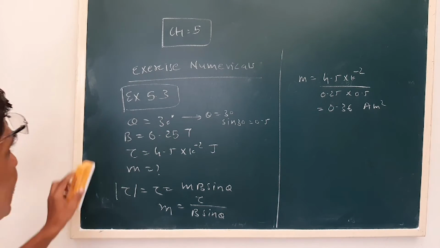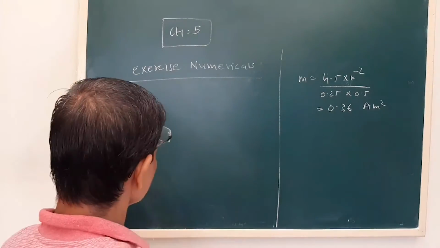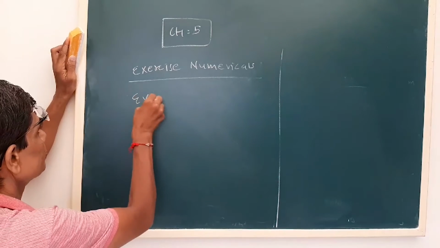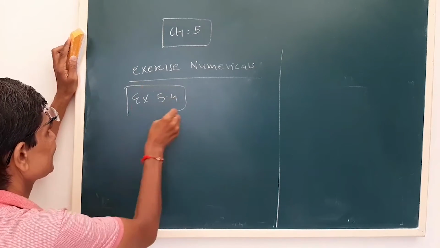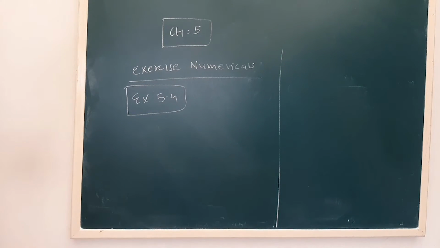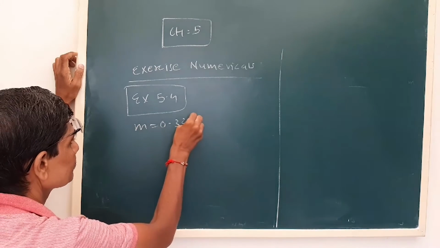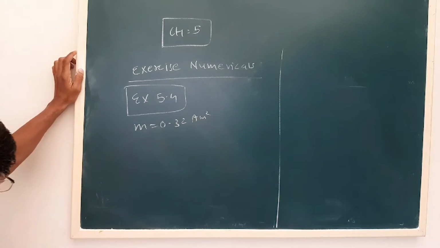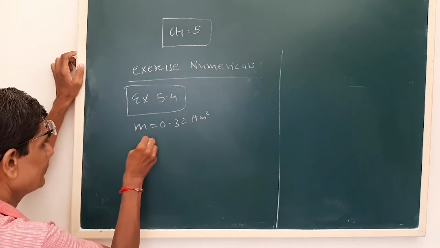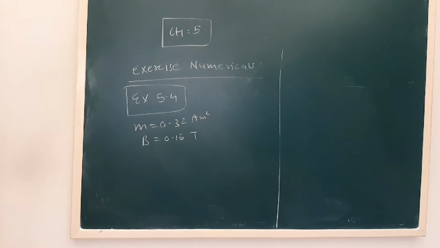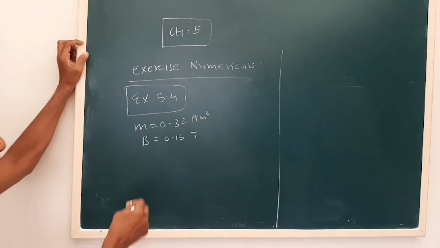Now see, next exercise numerical. Okay, now see, a short bar magnet has a dipole moment of some value. Okay, now it is placed in a uniform magnetic field in a stable equilibrium.